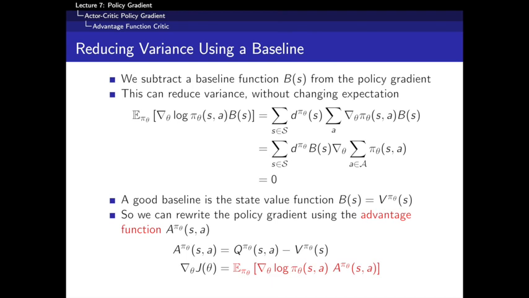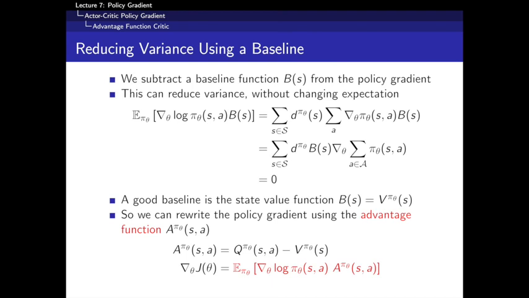The particular baseline which we're going to choose is the state value function. So we start off with our q values, our action value function, and we subtract off the state value function. What we're left with is something called the advantage function.